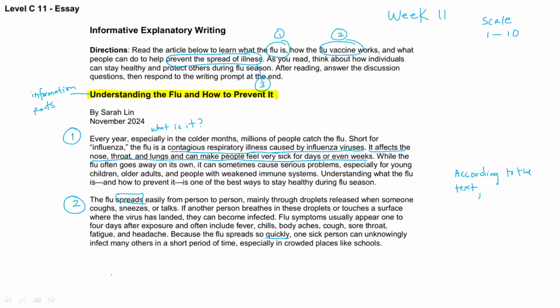So we go places, right? And if we're sick, even when we speak, we spray these droplets, and maybe we're not aware that we're sick and we're just out at Trader Joe's or at the grocery store, any grocery store, and we're talking to someone and those droplets are going everywhere.